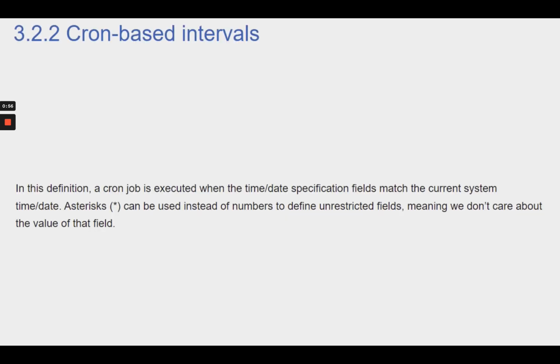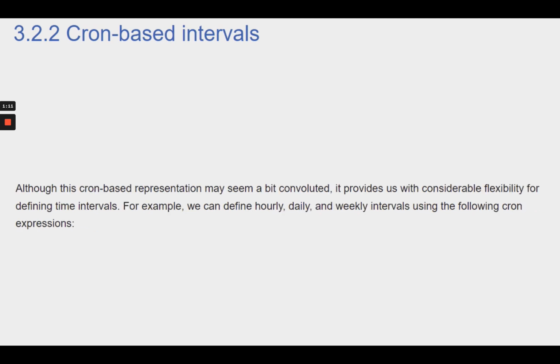In this definition, a cron job is executed when the time and date specification fields match the current system time and date. Asterisks can be used instead of numbers to define unrestricted fields, meaning we don't care about the value of that field. Although this cron-based representation may seem a bit convoluted, it provides us with considerable flexibility for defining time intervals.